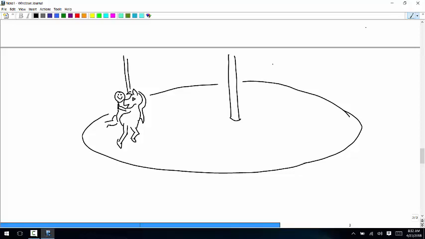Okay, so this carousel is rotating this way at 0.8 radians per second. The radius is 6 meters.